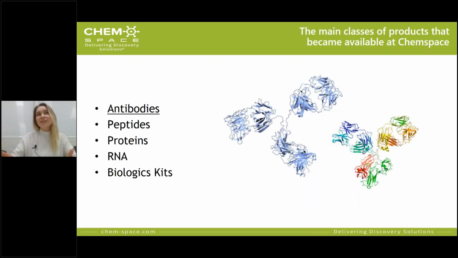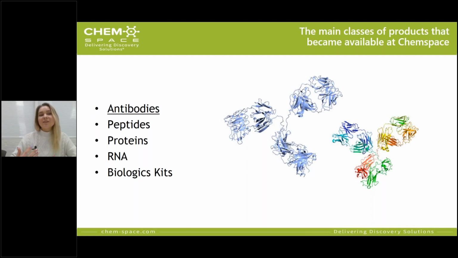We received a couple of requests from our regular customers for proteins, peptides and antibodies, and we figured out that using biological products is a really important part of the drug discovery process. So we decided to add a couple of new products.